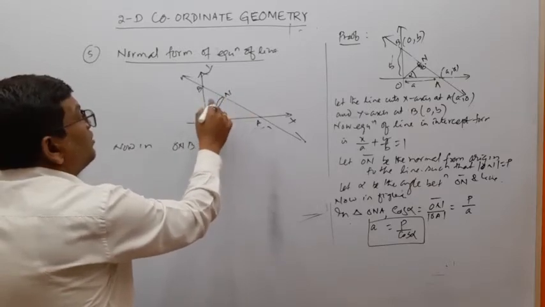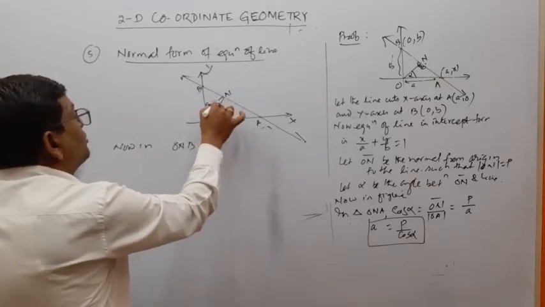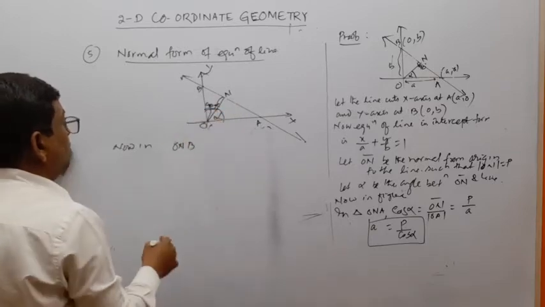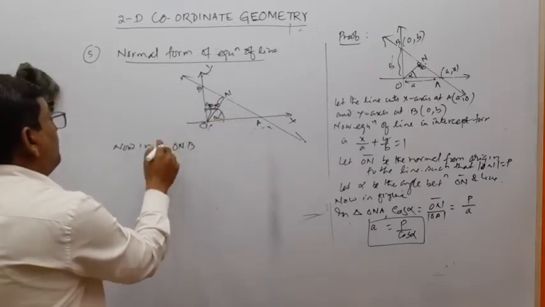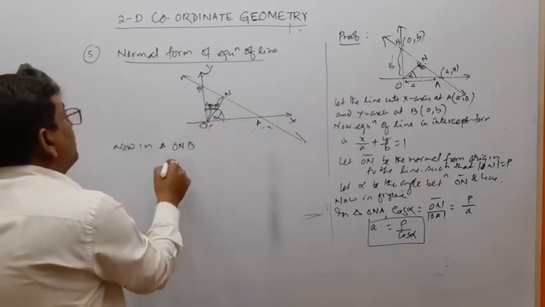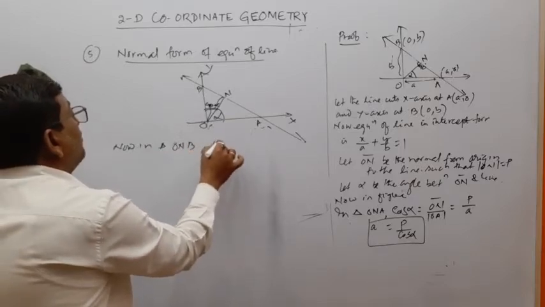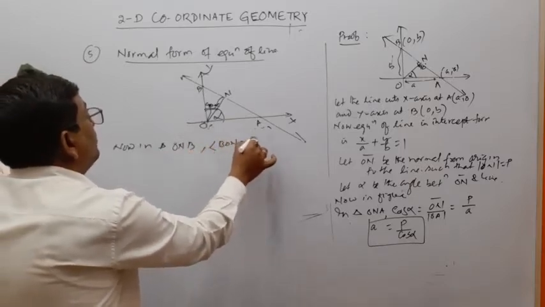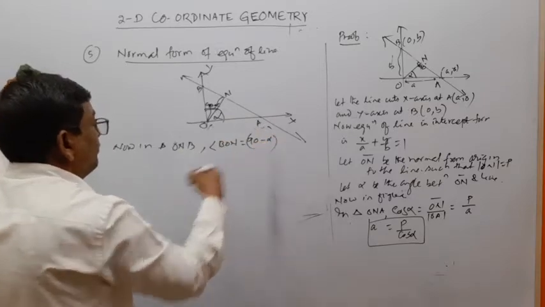So in triangle ONB, angle BON is equal to 90 minus alpha.